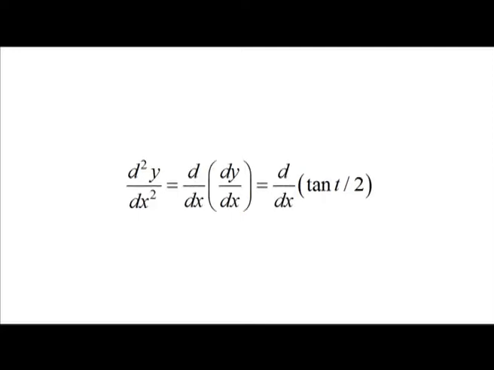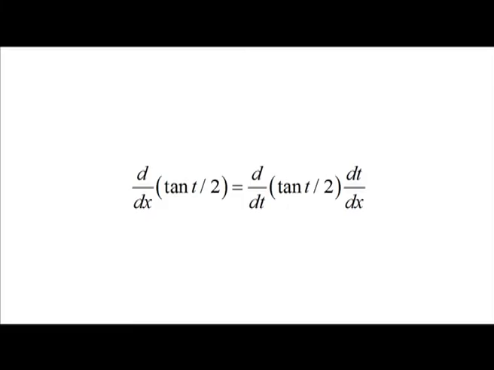Also, d square y by dx square is equal to d by dx of dy by dx, which is equal to d by dx of tan (t by 2). By applying the chain rule of differentiation, we get d by dx of tan (t by 2) is equal to d by dt of tan (t by 2) times dt by dx.